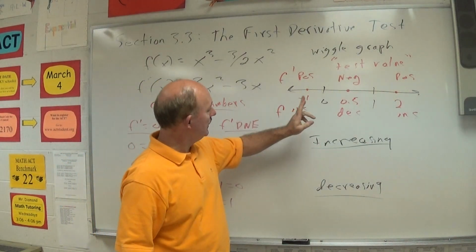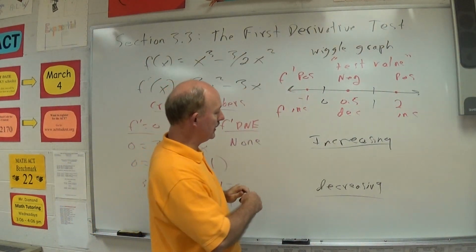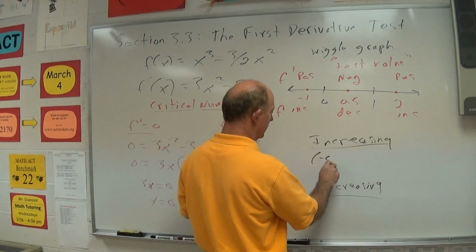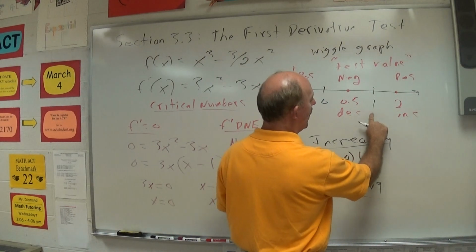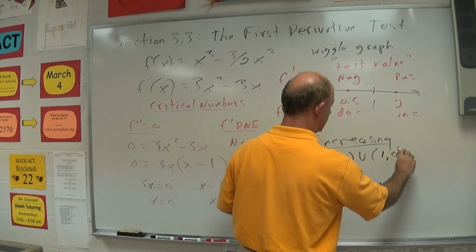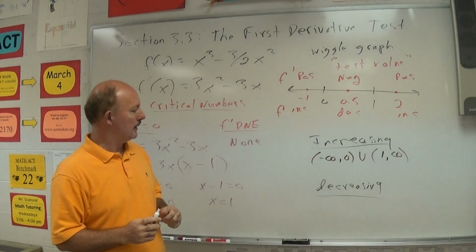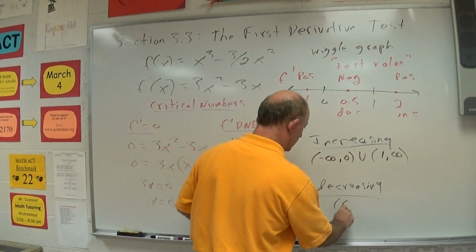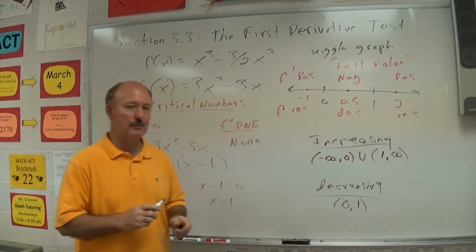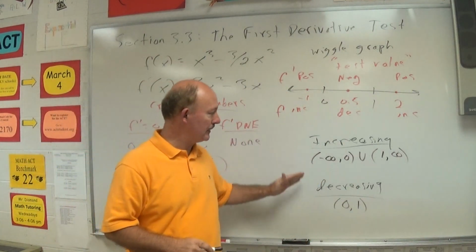From negative infinity to 0, the graph is increasing, and also from 1 to positive infinity. Where is the graph decreasing? The graph is decreasing from 0 to 1. So those are the intervals where the graph is increasing and decreasing.